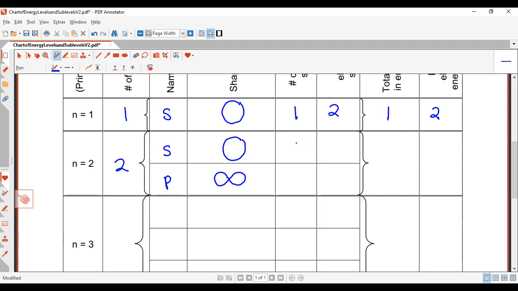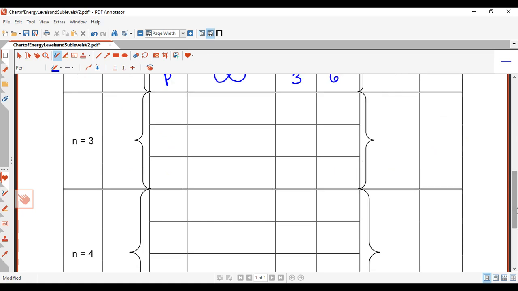There's 1 possible S orbital and there's 3 possible P orbitals in the P sublevel. This S sublevel will hold 2 electrons. The P sublevel will hold 6. There's 4 orbitals in the second energy level holding 8 electrons.